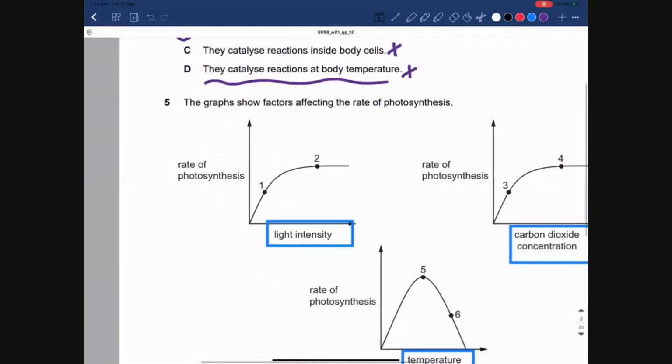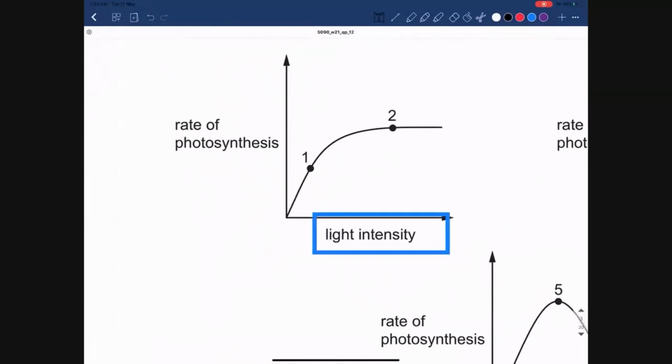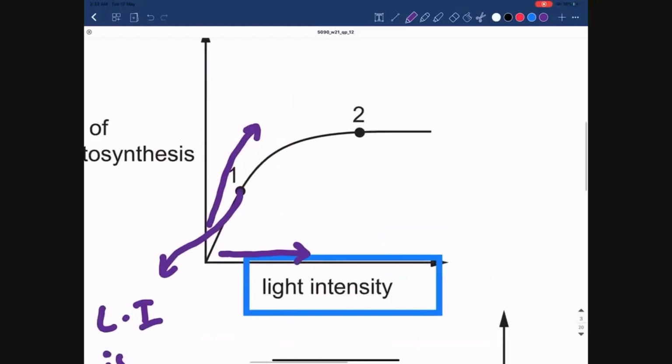For example, at point 1, we are increasing the light intensity, and because of this, the rate of photosynthesis increases. So at 1, light intensity is the limiting factor. What about at 2? At 2, we are increasing the light intensity and the rate of photosynthesis does not increase.